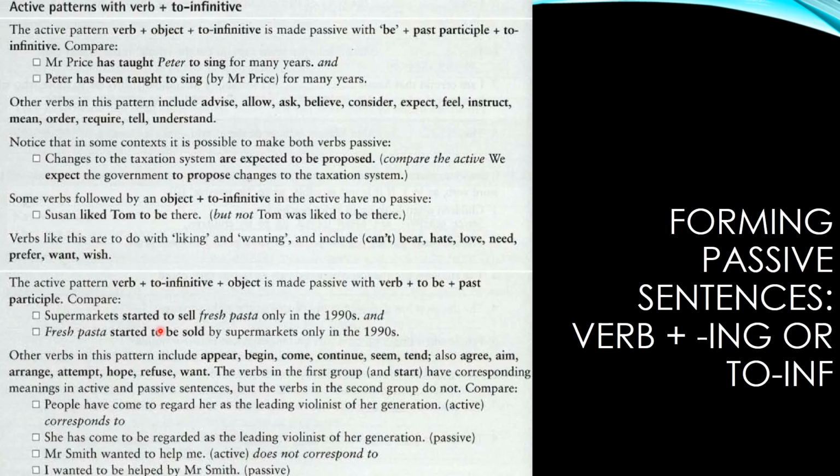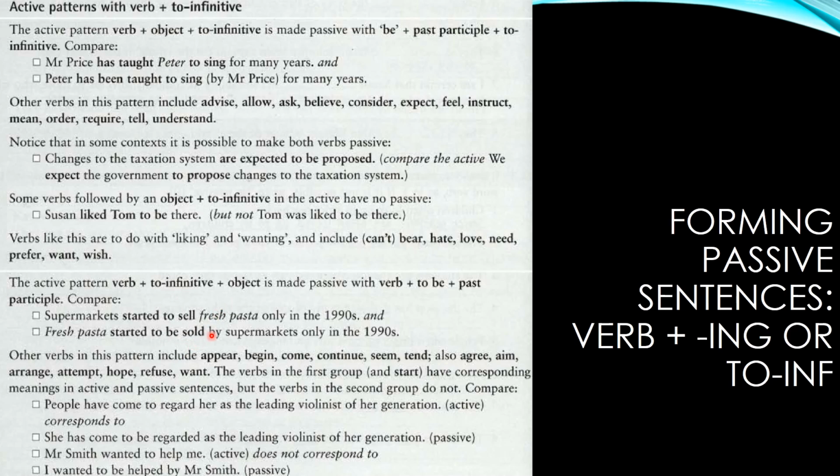In the active form, they use just the verb plus to infinitive, and in the passive we have the verb started plus to be sold, and the agent, by supermarkets.